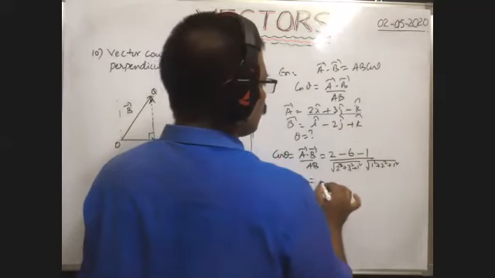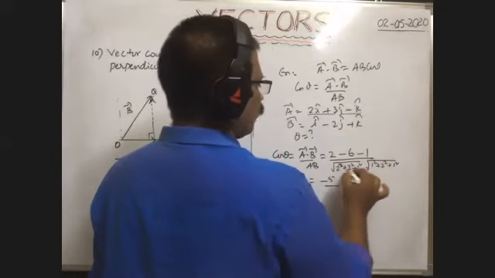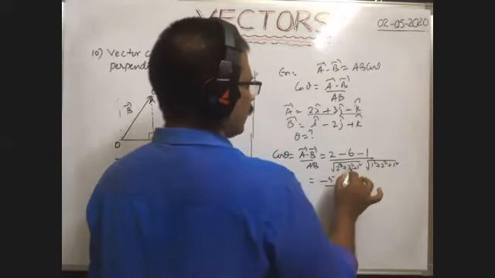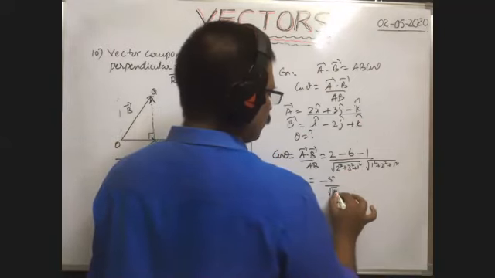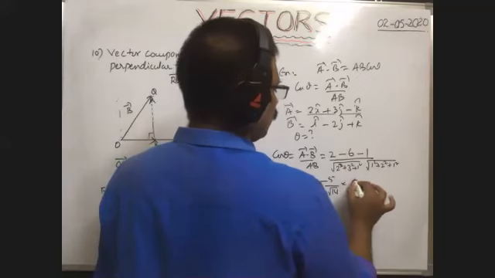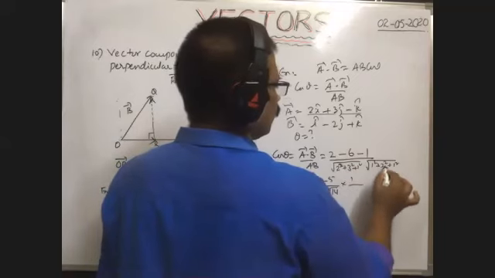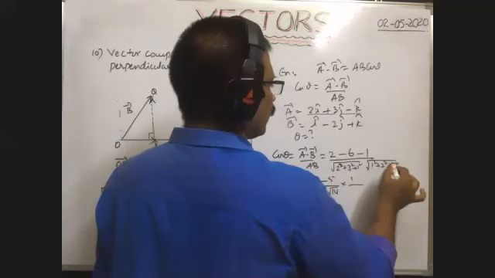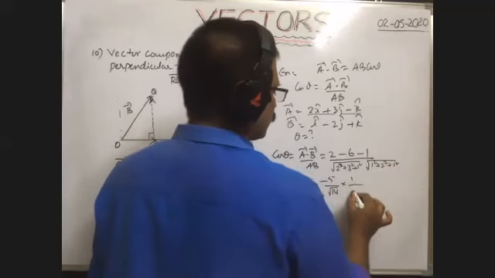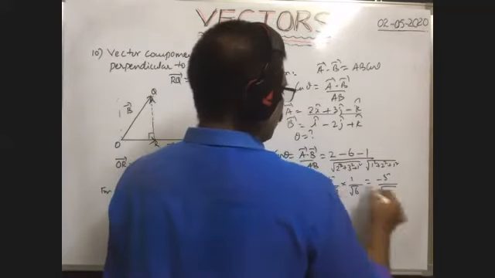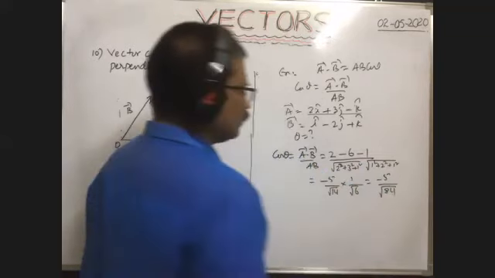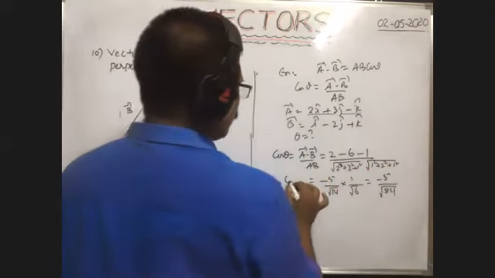So this is equal to minus 5 by root 14 into root 6. That is equal to minus 5 by root 84, no? 84.